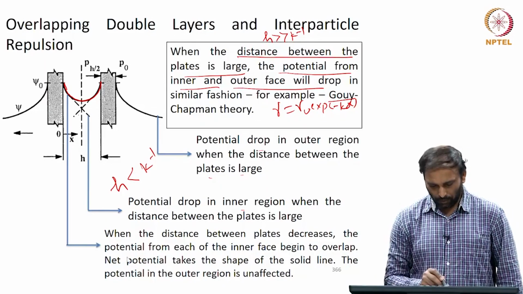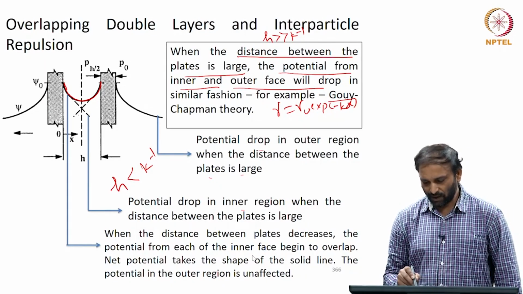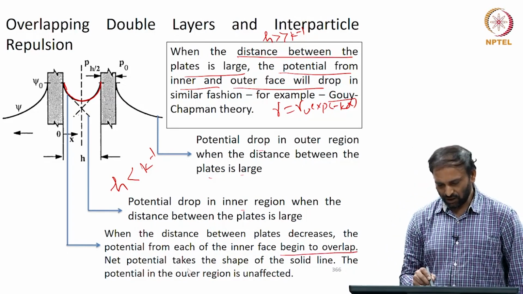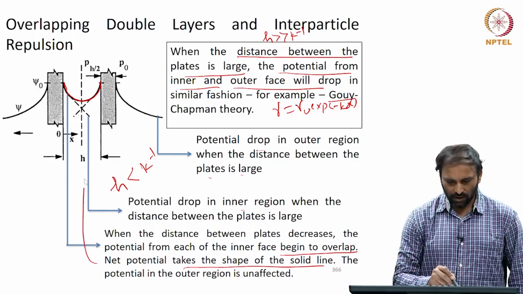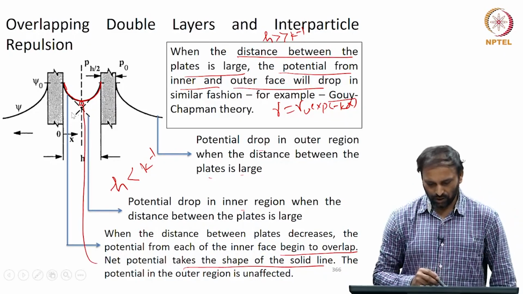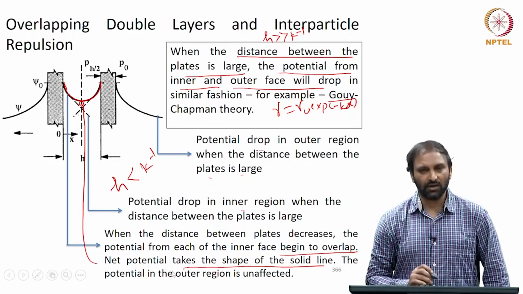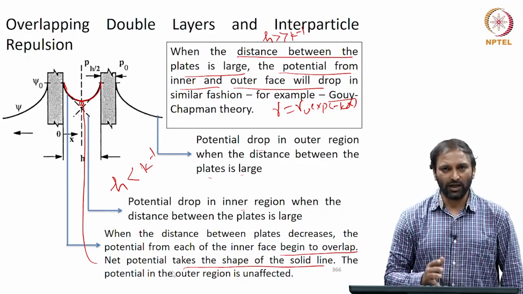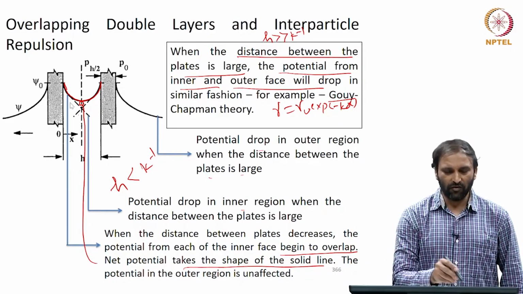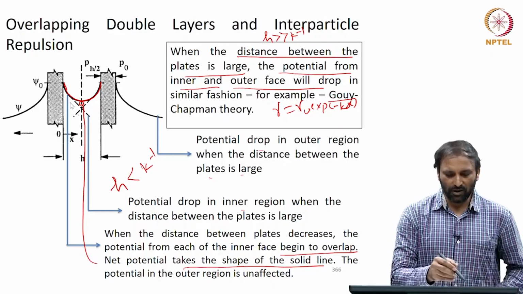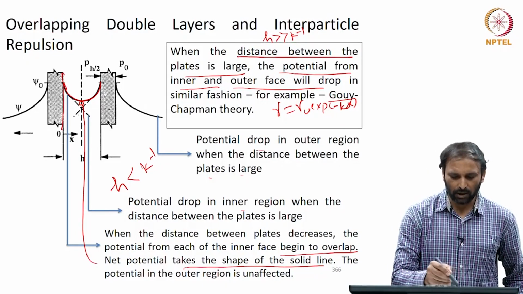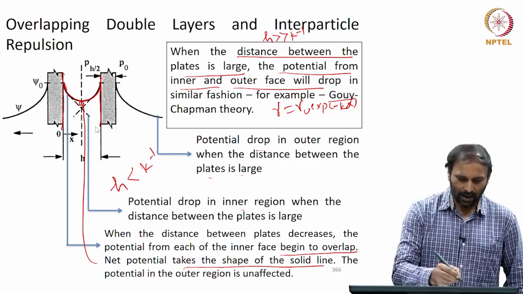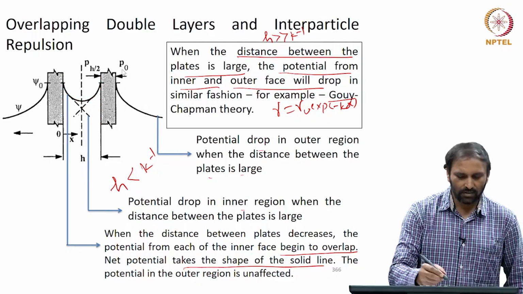The potentials from each of the inner faces begin to overlap. The net potential takes the shape of a solid line that is shown here. However, the potential in the outer region remains unaffected, because in the outer region the potential is only influenced by the outer face. However, because of the overlap, the inner faces of both particle 1 and particle 2 will influence how the potential varies within the gap, and that is essentially captured by this solid line.